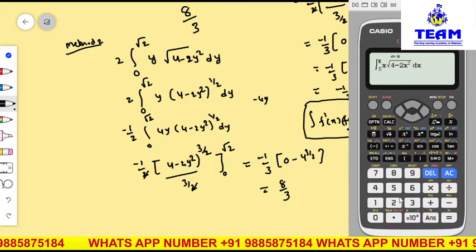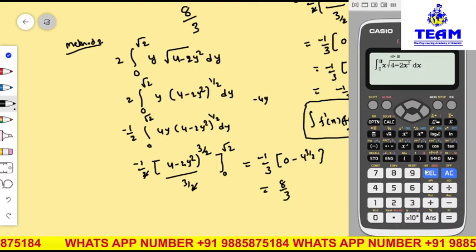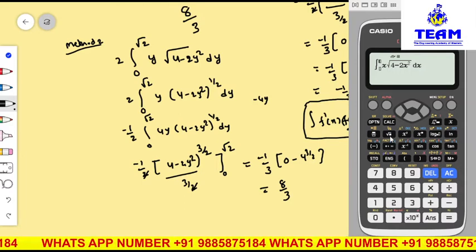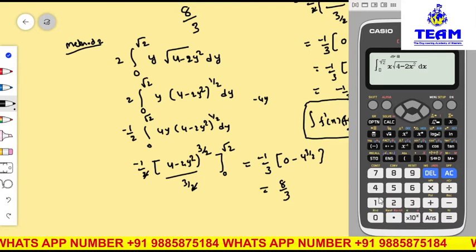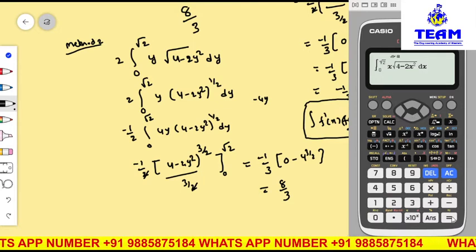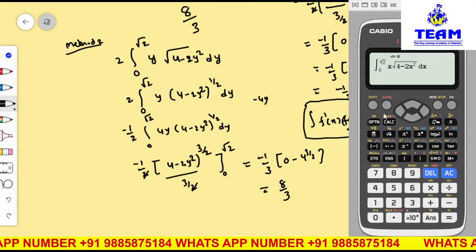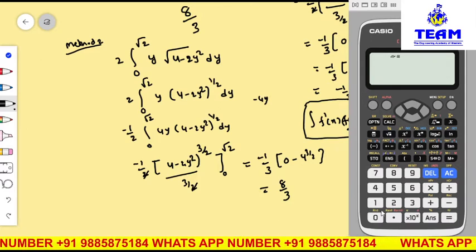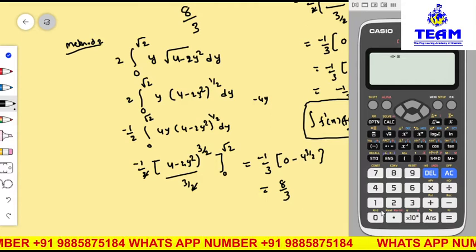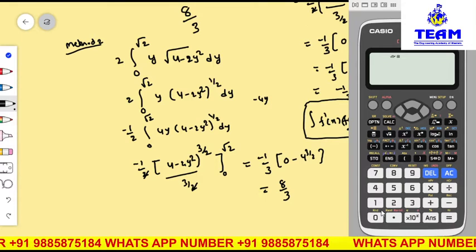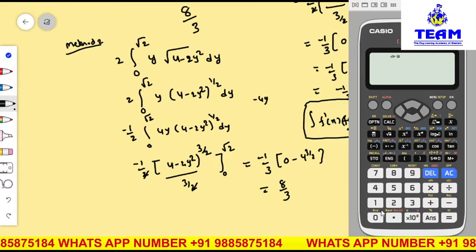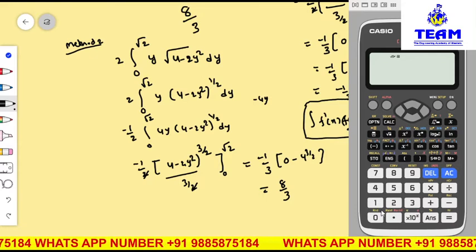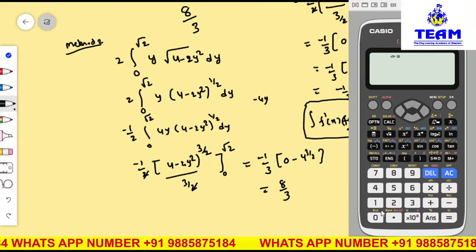Lower limit is 0, upper limit is root 2. Now you press the equal to button, it will calculate and it gives the solution. It is reading only, so it takes a little bit time, but we will get the solution.